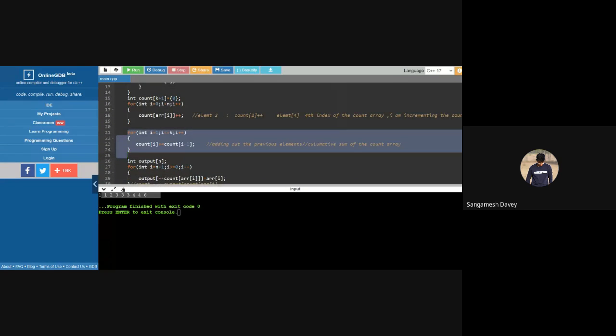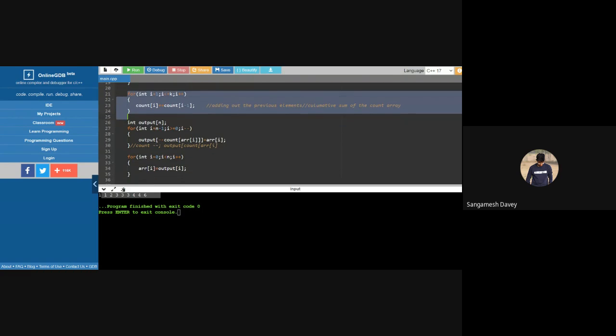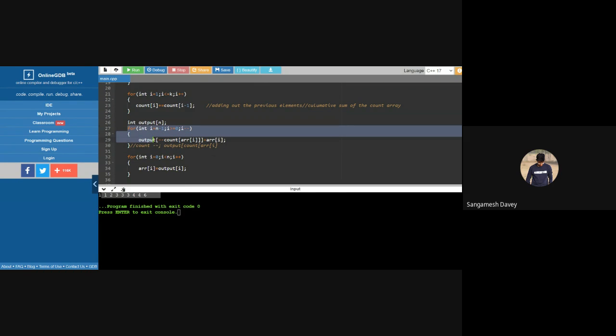K is the maximum element. So it's n plus max element plus another n, and then you print it. So if you look at it, it is 3n plus the maximum element in the array.